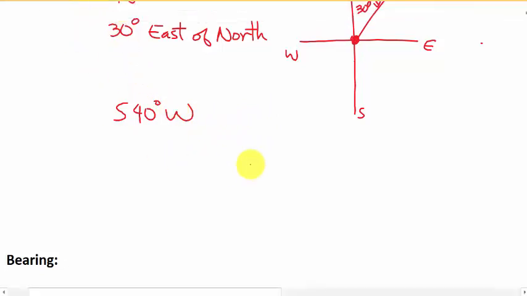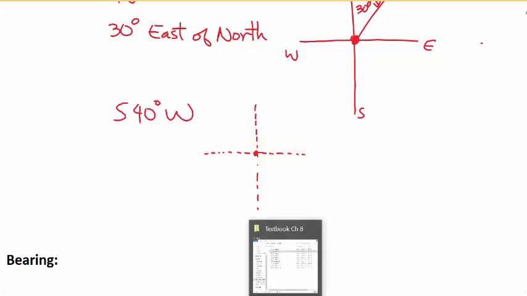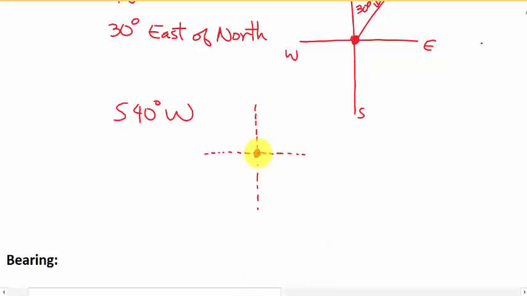So this is my starting position, and I would draw my dashed lines to indicate where the north, south, west, east is. And then, if this is my starting position, I have to look towards the south first. Go 40 degrees towards the west. And so this is 40 degrees, and this is the direction I will end up walking.